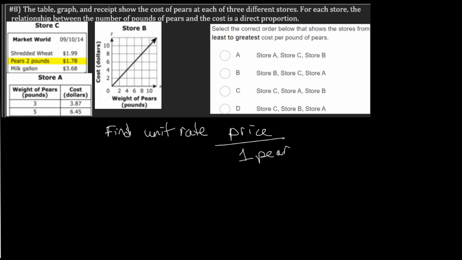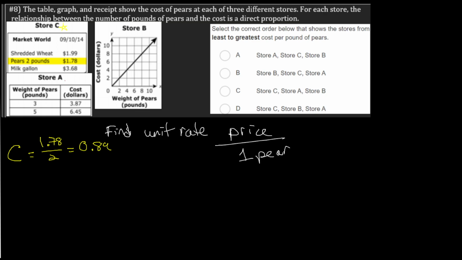So for store C, I have 1.78 divided by 2, because it says for every 2 pounds. So that's equal to 0.89. So for every 89 cents, I get 1 pound. So that was store C.